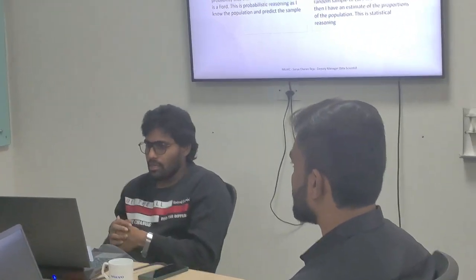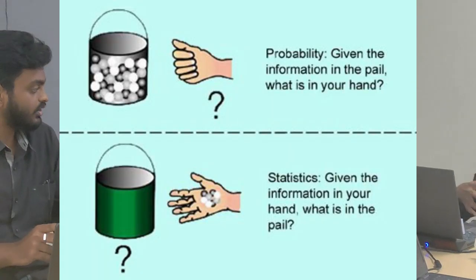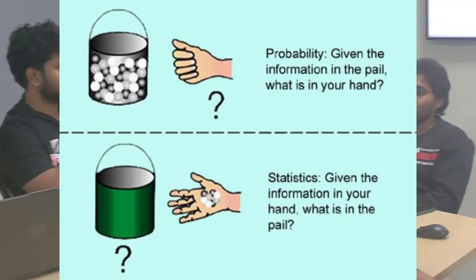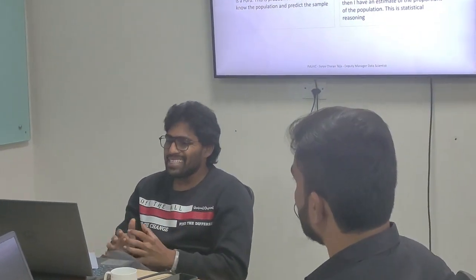This can involve calculating summary statistics, for example mean, median, mode, performing hypothesis tests, performing significance tests, and building models to establish relationships between variables. So statistical reasoning is often used in scientific research or business analysis where data driven insights are needed to guide decision making.